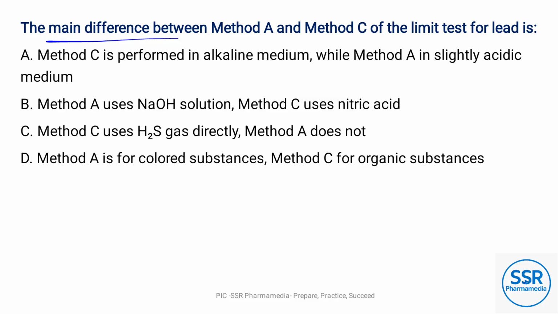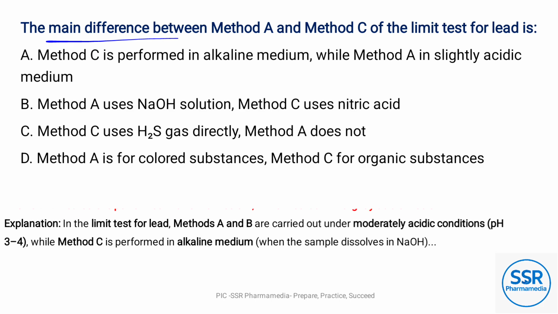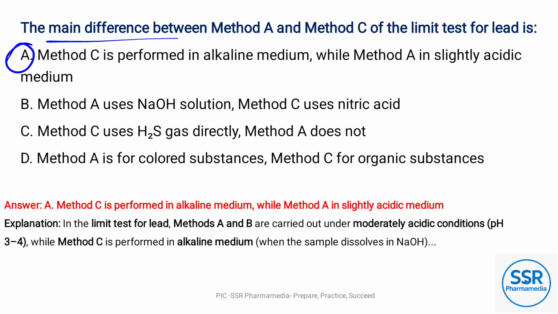The main difference between method A and method C of the limit test for lead is, so option A is the answer: method C is performed in alkaline medium while method A in slightly acidic medium.